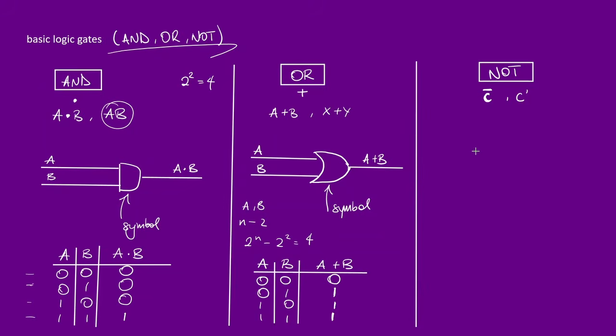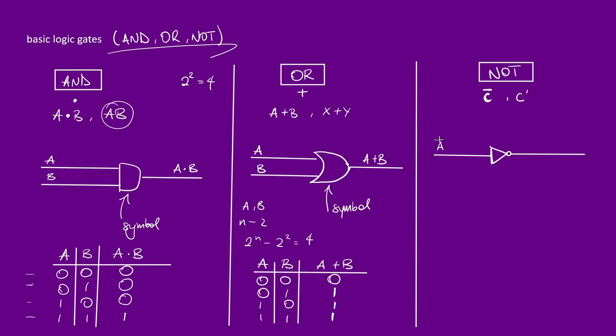Okay? So let's draw the logic symbol for this. It takes only one input. The symbol for my NOT gate is a triangle with a little cute dot at the end. Then my output. So if I have A coming in as my input, not A is going to come out. It's as simple and as cute as that.